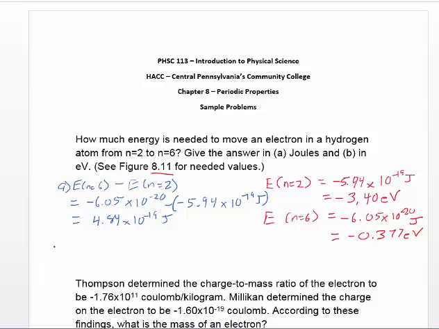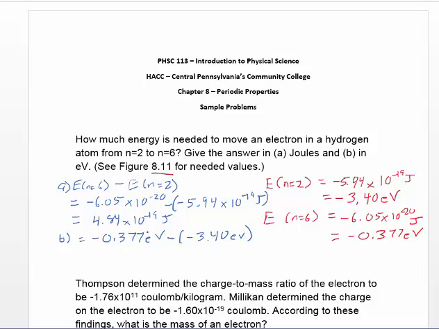So that's part A. For part B, we need to do the same thing, but in electron volts. We're still going to subtract the n equals 6 energy minus the n equals 2 energy. So it is negative 0.377 electron volts minus a negative 3.40 electron volts.